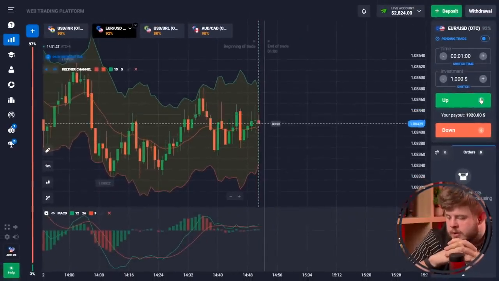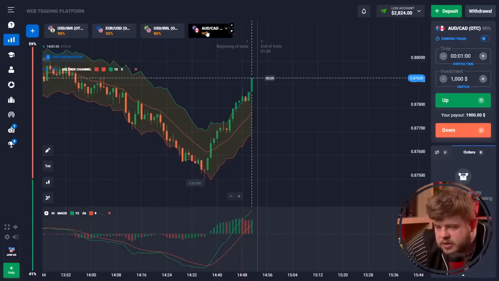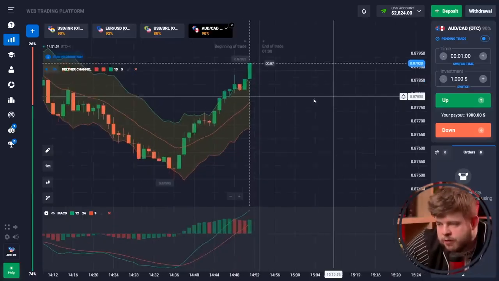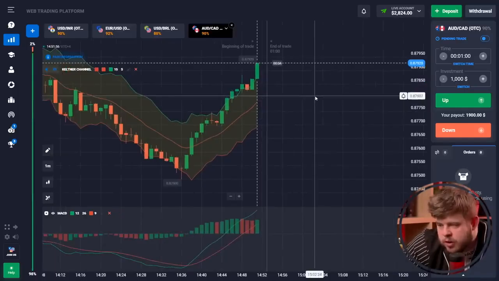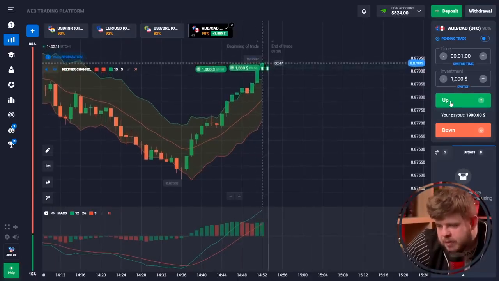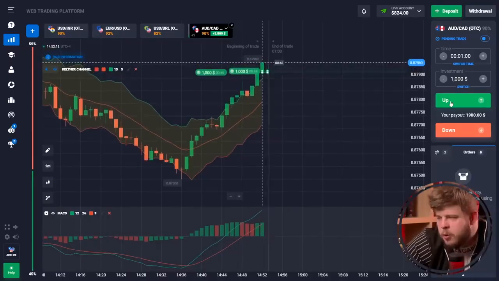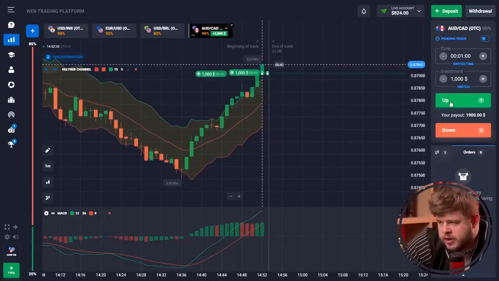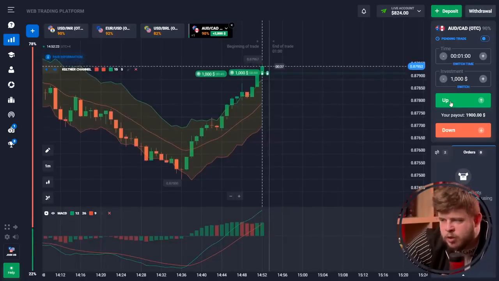Let's open our DCAD currency pair. So here we can observe a very strong downgoing movement, I guess. So here we have opened buy position. You can see that we have a very strong upgoing movement here, and we are working according to this upgoing movement.